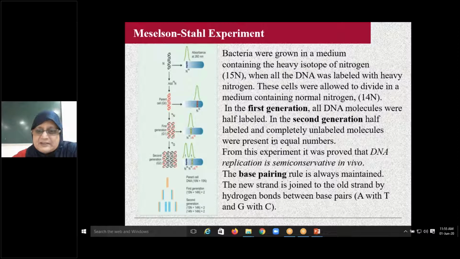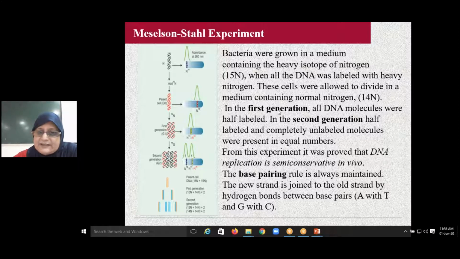This semi-conservative replication of DNA was proven by the Meselson-Stahl experiment, where bacteria were first grown in a medium containing a heavy isotope of nitrogen, that is 15N, and all the DNA was labeled with this heavy nitrogen. Then these cells were allowed to divide in a medium containing normal nitrogen, that is 14N.